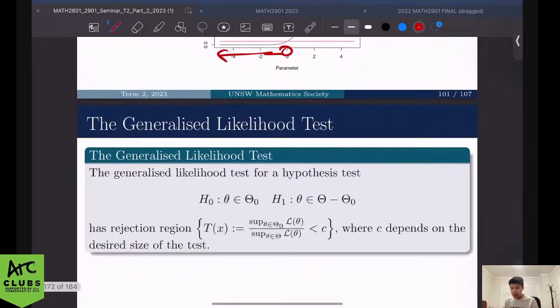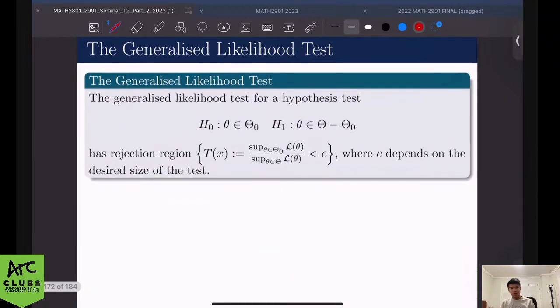We won't go through the generalized likelihood test because it's not as commonly assessed, but you can read through it on the slides. We are running short on time, but basically the generalized likelihood test is a generic test for a hypothesis test.